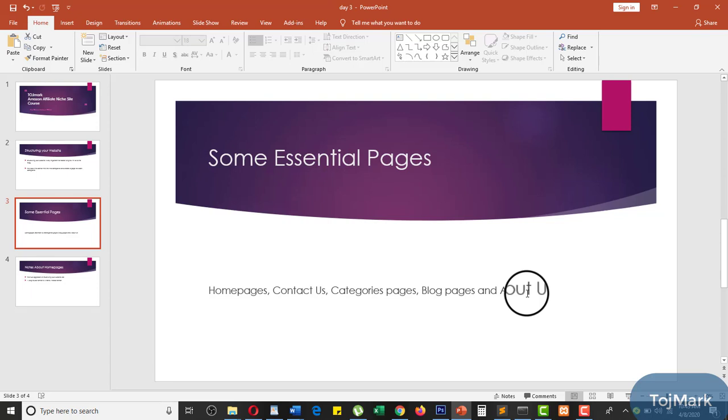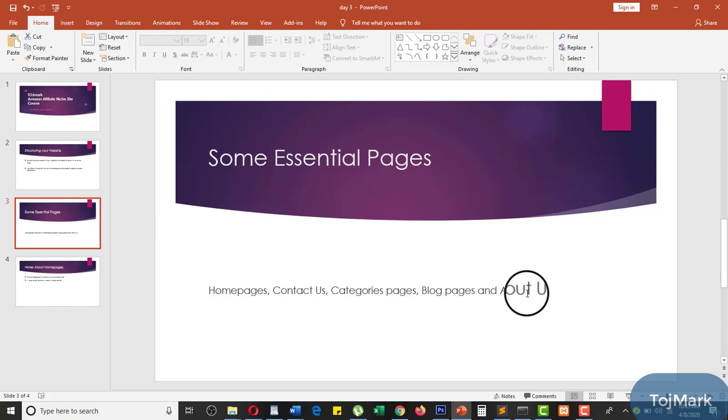Blog pages. Okay, blog pages. I've already talked about it in our previous video. I think I talked about the informational articles that are categorized into blog pages. Anything that you write that relates to an informational article, where you are trying to pass information across to your readers, belongs to blog pages.